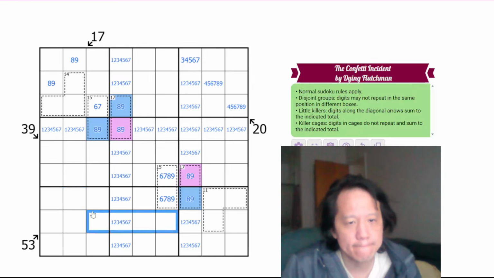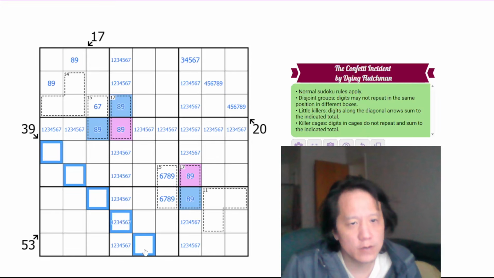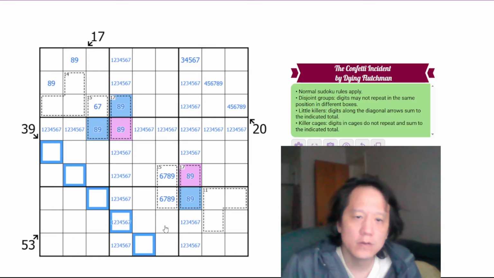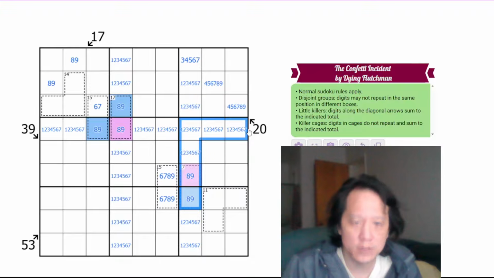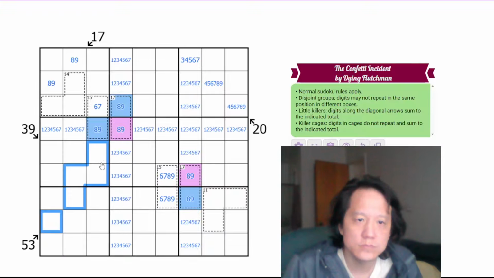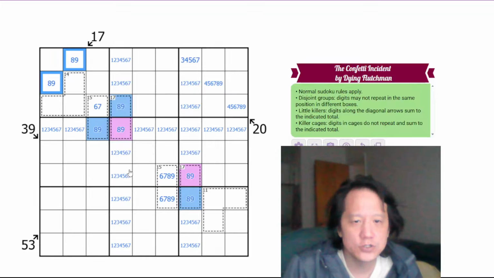Blue cannot be here, cannot be here. We don't know which one of these is which. Blue cannot be here or here, but blue could be here.